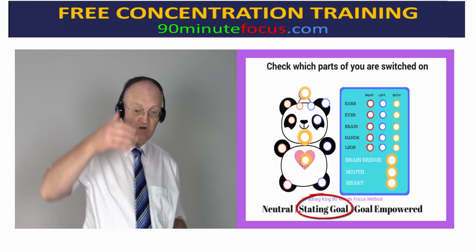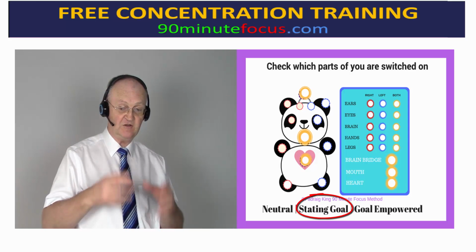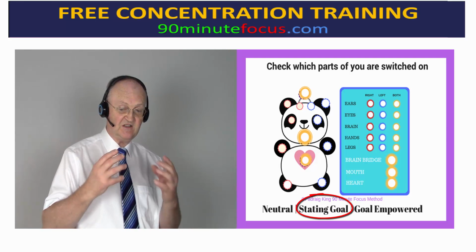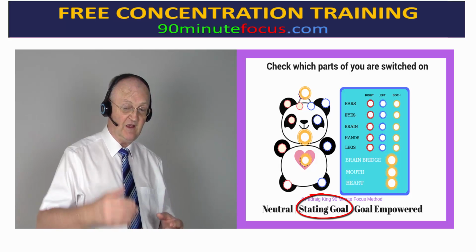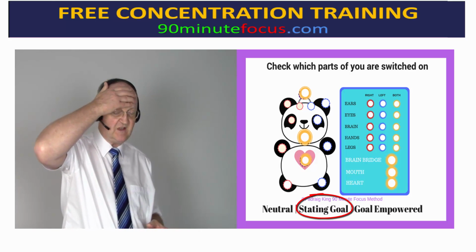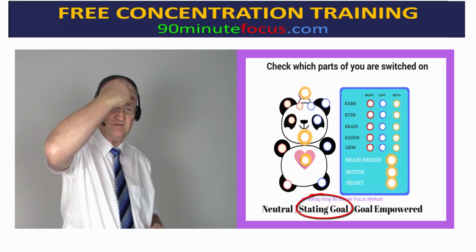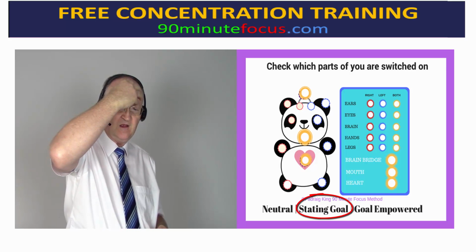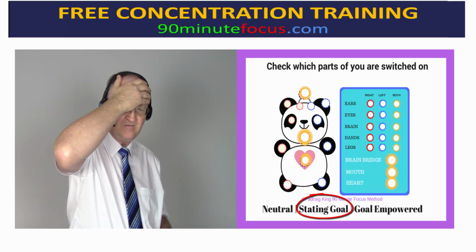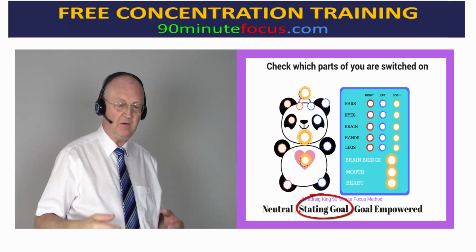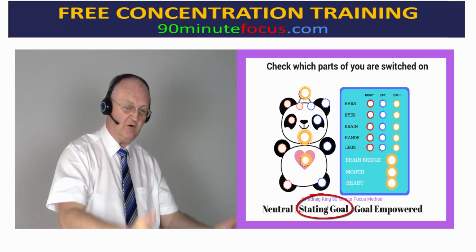The actual goal that you want, the statement that you want, double my concentration, that's an intellectual scenario that we want to achieve. And that basically comes from here, from the front part of your brain. And you wouldn't know you needed to do that unless you had this area of your brain switched on a little bit. But what we want to do is to switch it on more fully.